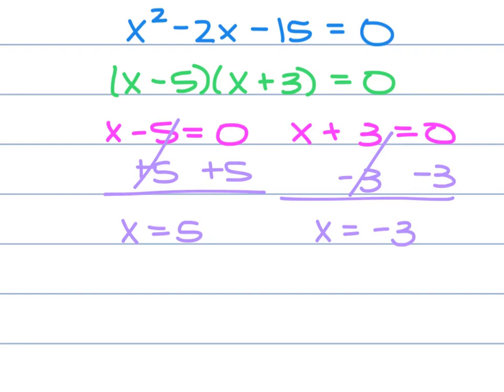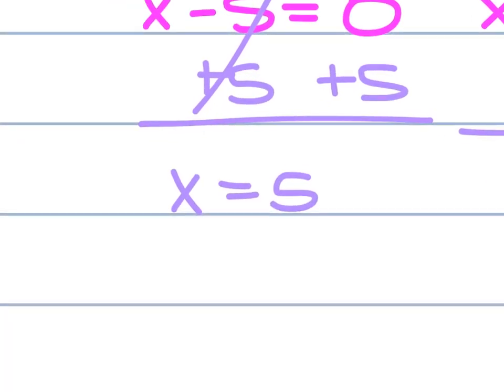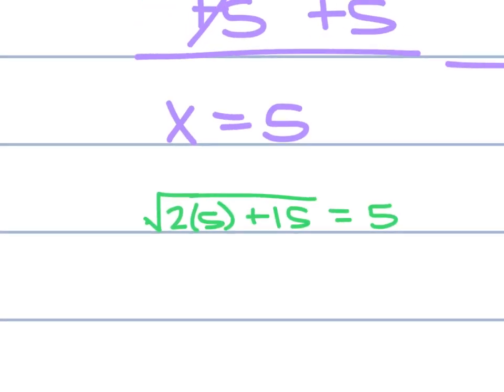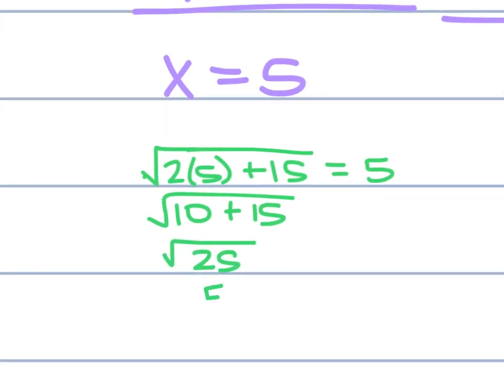From here, check them. If we do the 5 first, we're going to have the square root of 2 times 5 plus 15 is equal to 5. 2 times 5 is 10. 10 plus 15 is 25. The square root of 25 is equal to 5.